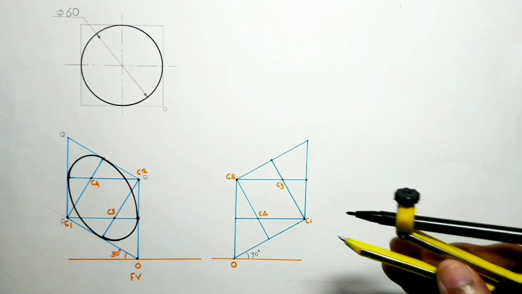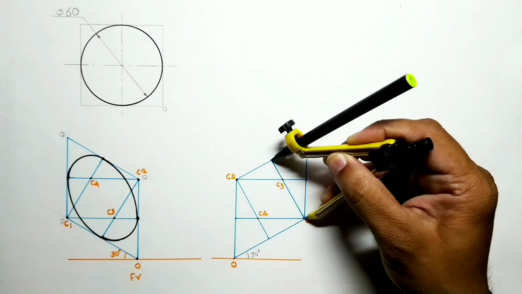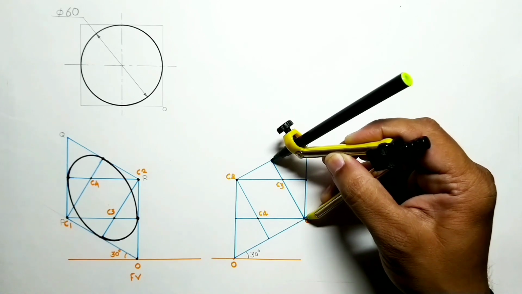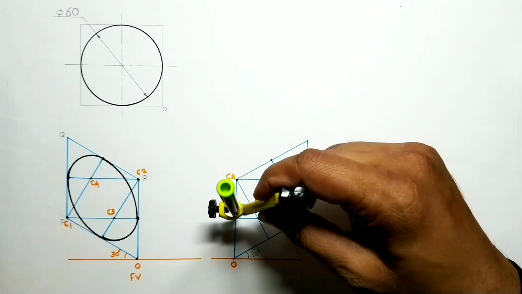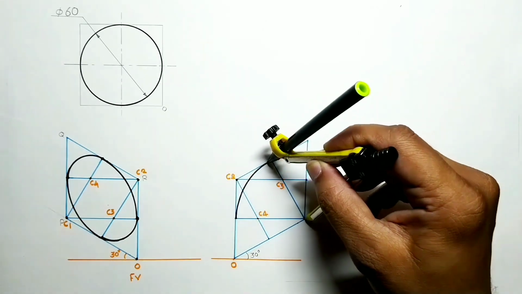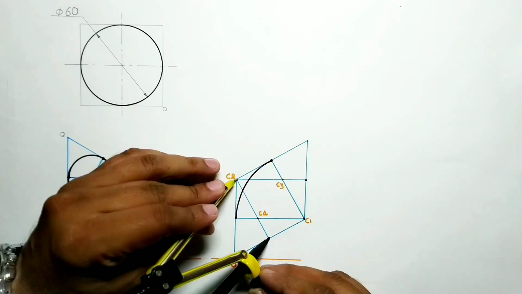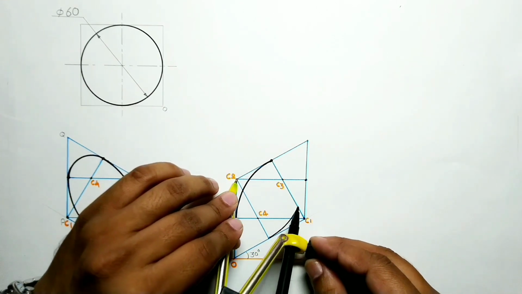Take the compass, C1 as a center and distance as C1 to the first arc or first line, and join the arc from this point to this point. C2 as a center and join the arc.